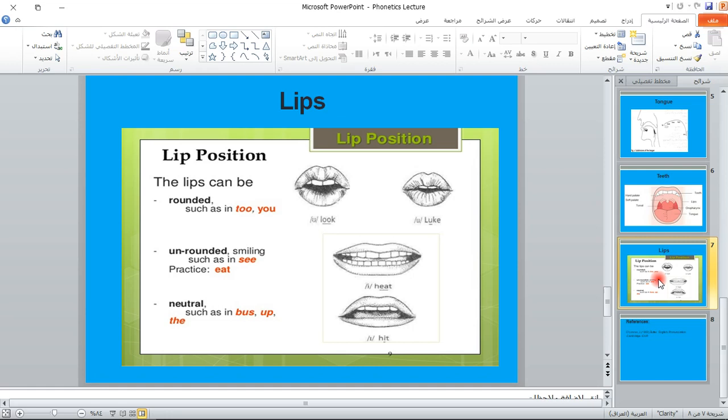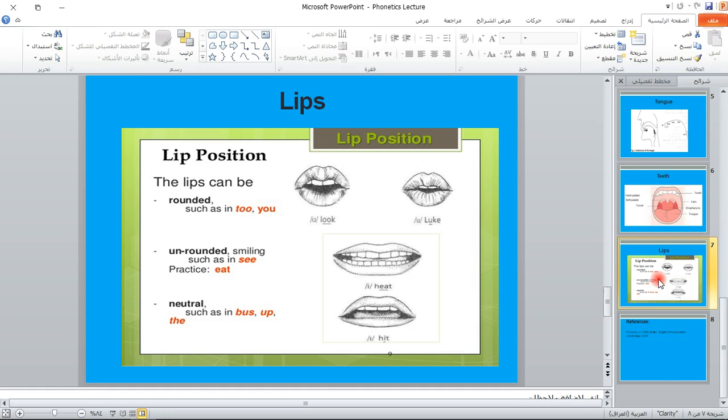The lips are movable organs and can take different shapes when speech sounds are produced. But the main lip positions, for example: first one, closed position, for the production of p, b, and m. Second, spread position, for the production of e, as in speak, see.